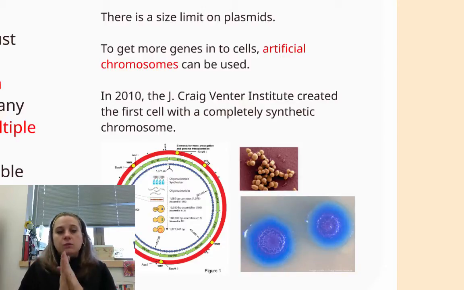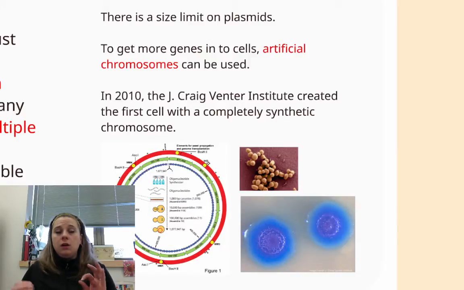And here's what was really cool. In 2010, Craig Venter, his institute, he was one of the private funders for the Human Genome Project a while ago, and his institute created a cell that had a completely synthesized genome.